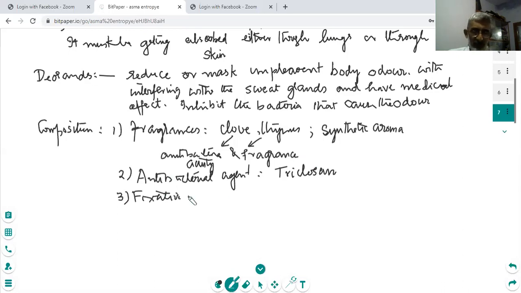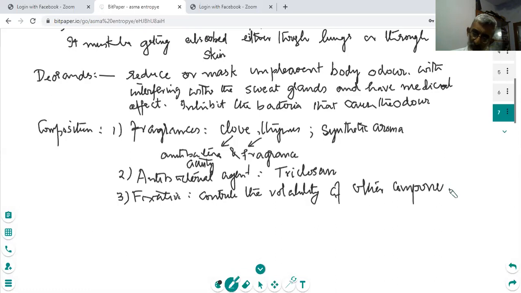What they do is control the volatility of the other components.